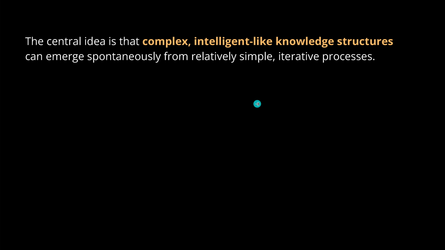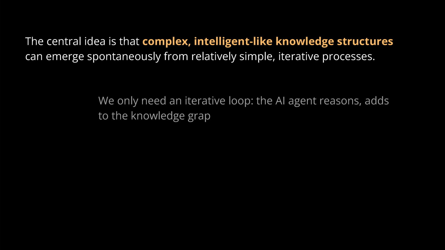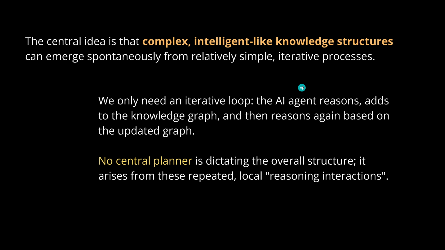So the central idea, from a beautiful research paper from MIT, is that complex, intelligent-like knowledge structures can emerge spontaneously from relatively simple iterative processes. We know this in theoretical physics, we know this in geothermal processes, but now we do it with knowledge. So what we need, let's stick with this, is only an iterative loop.